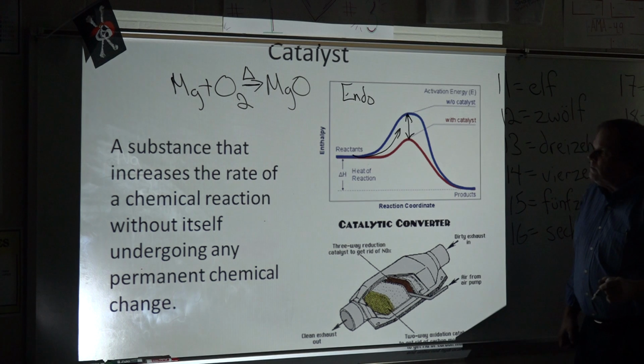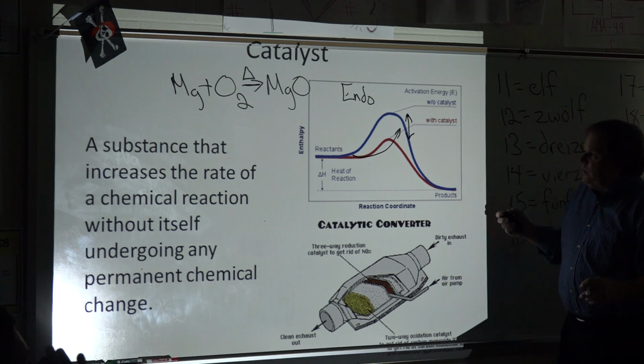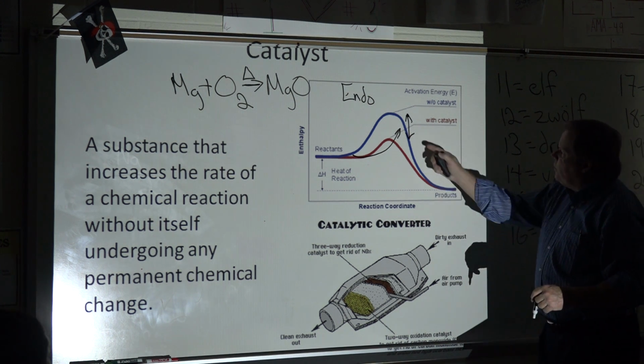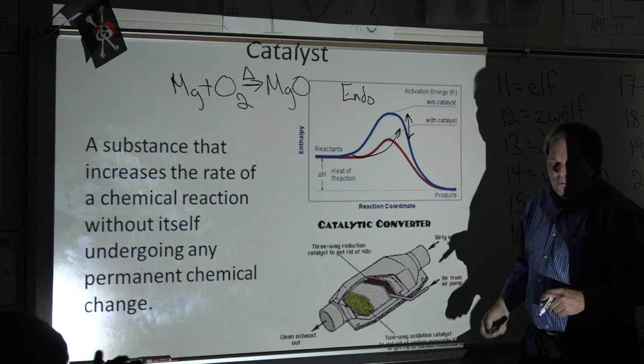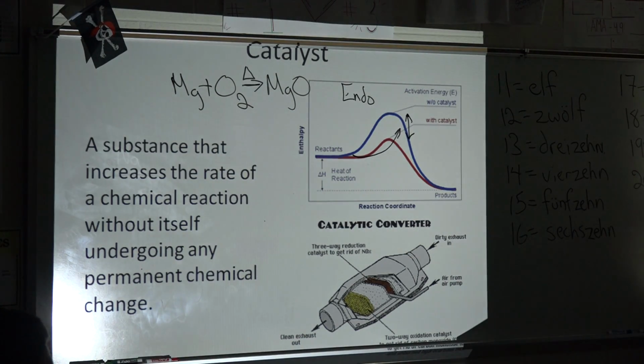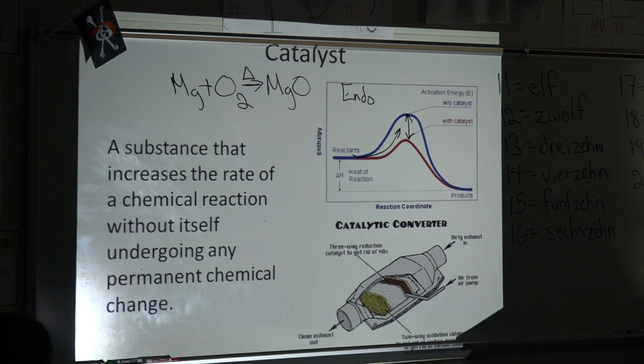Your crucible next week will be glowing cherry red. And please don't pick it up without tongs at any point, unless it's like 20, 30 minutes later. All right, so we have the endothermic reaction, and what the catalyst does is lower the amount of energy that's needed for that reaction to take place.